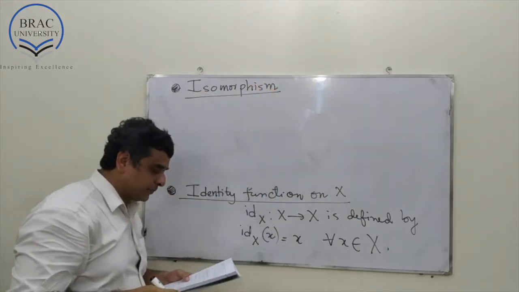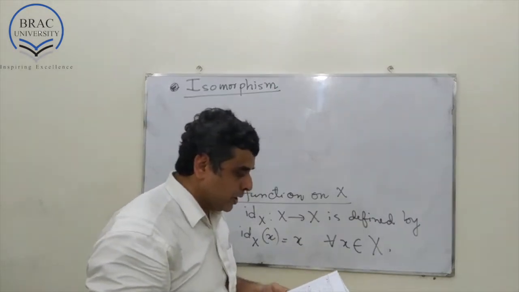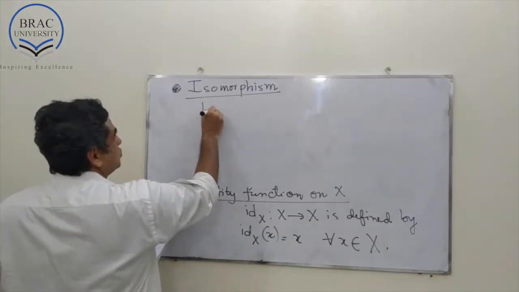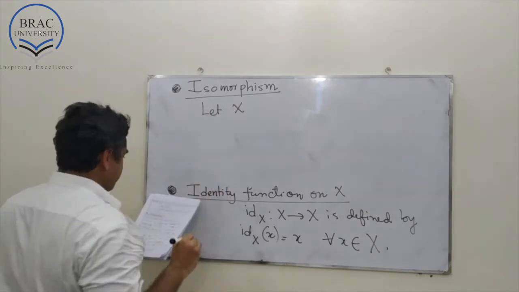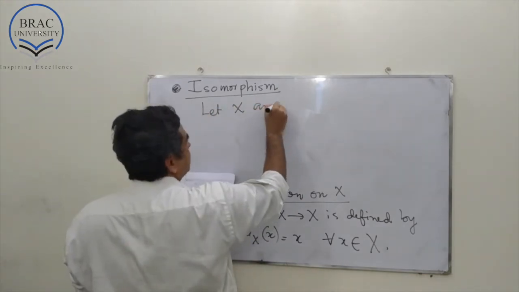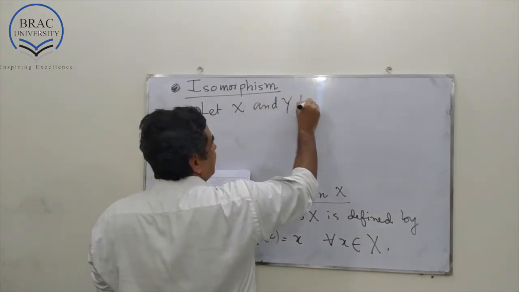Isomorphism between sets. Let X and Y be sets.